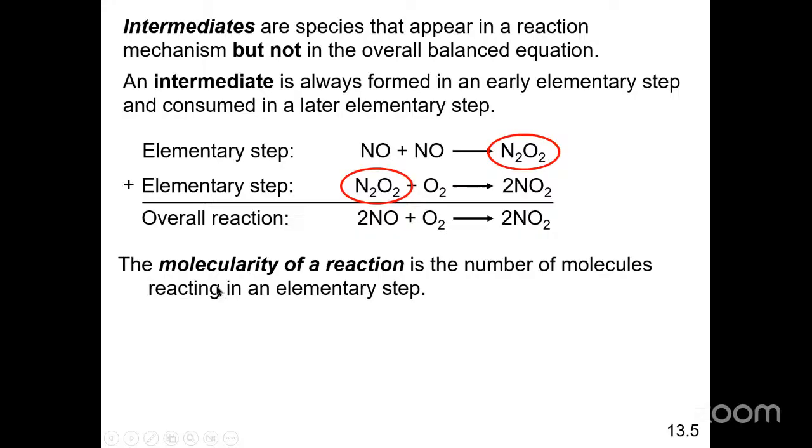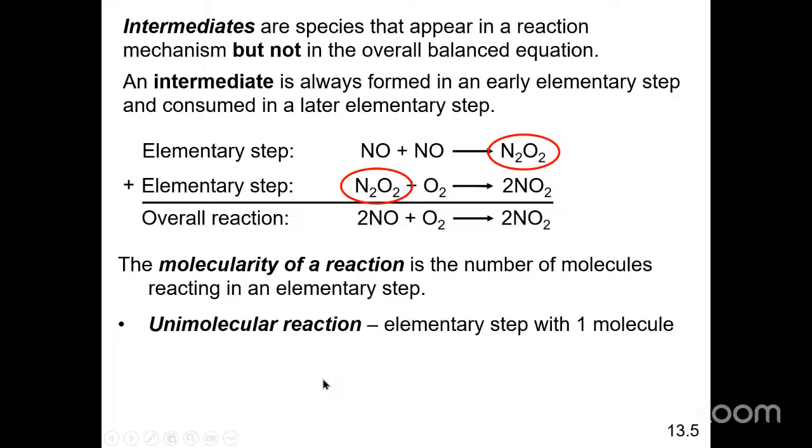Another term I need to introduce when it comes to reaction mechanisms is molecularity. The molecularity of a step is the number of molecules that are involved as reactants in that step. In the case of this step right here, we have 2 molecules involved, so we say that the molecularity of that step is 2. The same is true for this step.